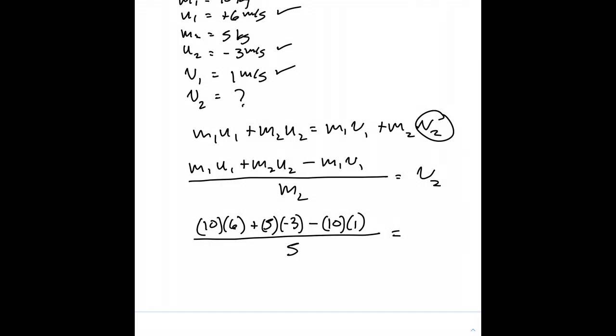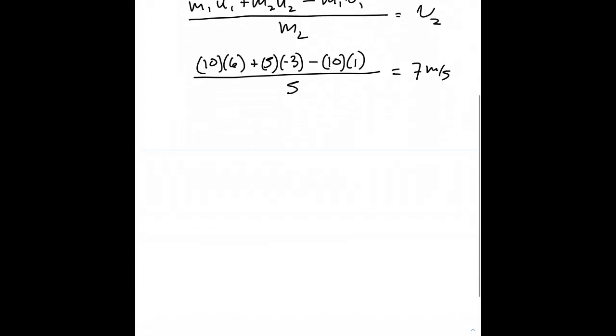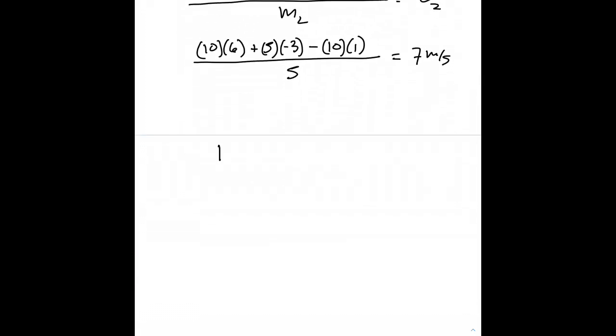Okay, so hopefully your calculator agrees with the answer I have. 7 meters per second is the final velocity of object number 2. And once again, it's worth investigating how much kinetic energy was converted into thermal energy in this process. Well, the initial kinetic energy we already found out is 202.5 joules. That hasn't changed.